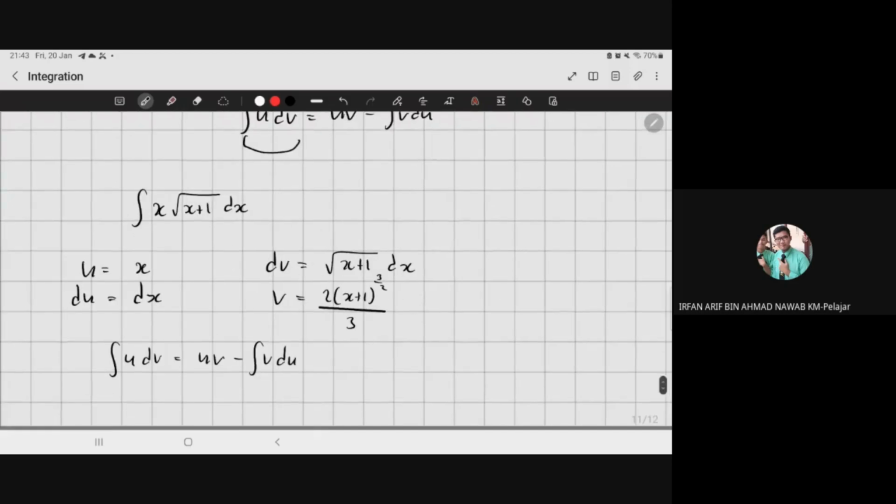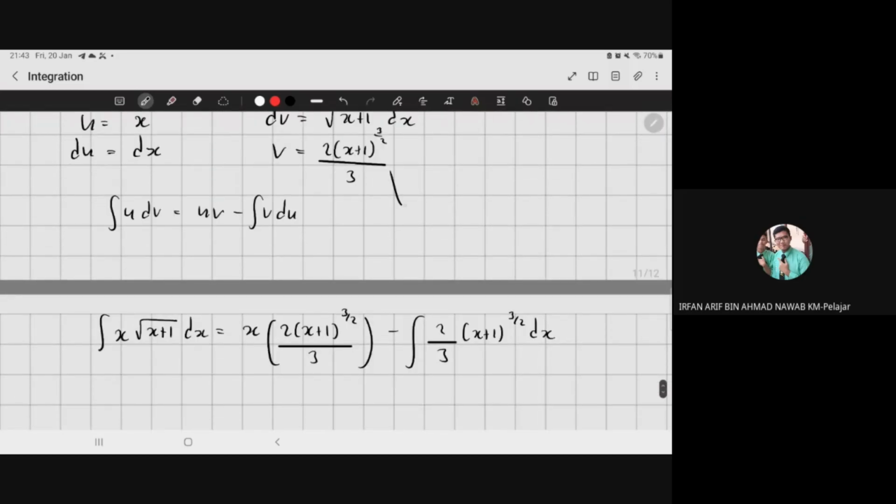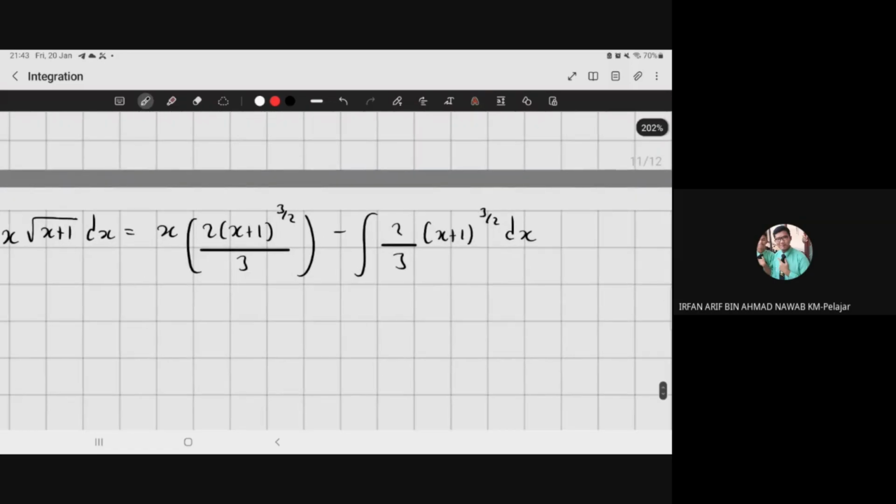Because our du is dx, and then our v is this. So from here, we don't need to integrate this, but only this. This is easy because we already learned the basic rules of integration. Or if you want to use substitution, then be my guest. You could use substitution, no problem.